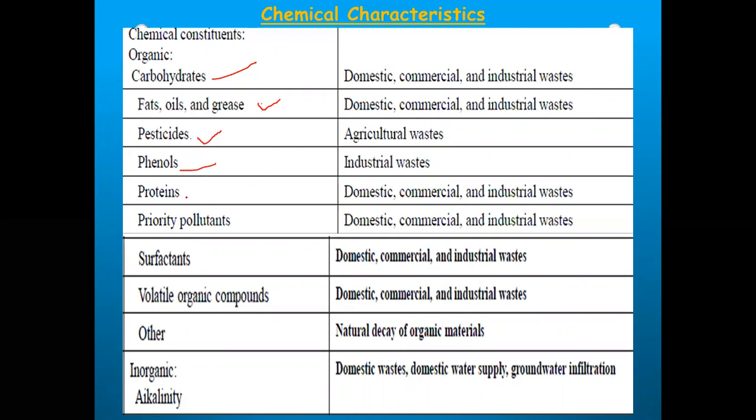Next, proteins, which come from domestic, commercial, and industrial waste. Next, priority pollutants, also from domestic, commercial, and industrial waste. Next, surfactants, and volatile organic compounds from the same sources. Others such as organic materials and alkalinity also come from groundwater, domestic, and industrial waste.